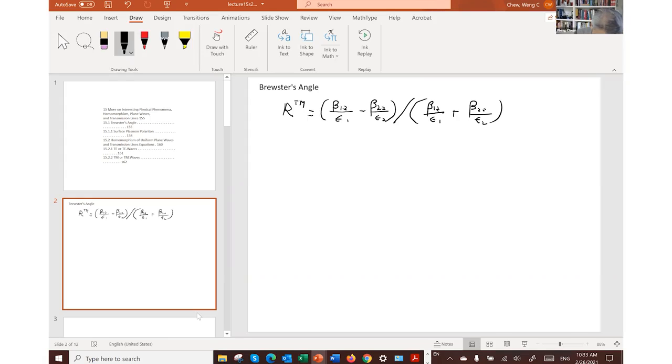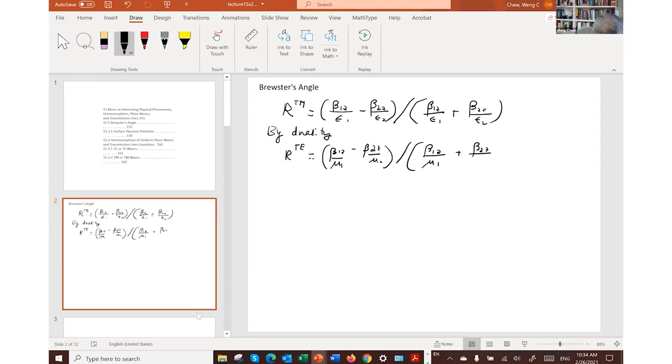And then R_TE can be derived by the duality principle, because we have learned that Maxwell's equations are dual to each other. So you can actually write down R_TE by inspection. You just change epsilon to mu, and that would be your R_TE.